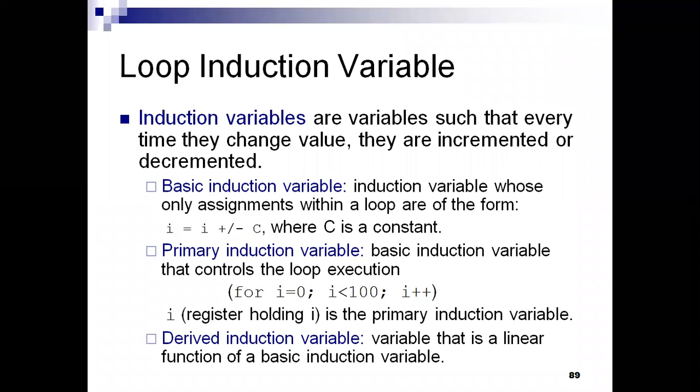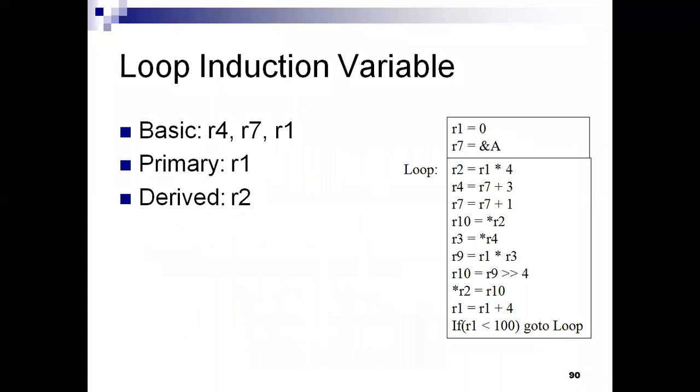After knowing what the induction variables are, we need to know the types of induction variables. Here we have an example. This is basic block 1 and basic block 2, where basic block 1 is R1 is equal to 0, R7 is equal to ampersand A, and block 2 consists of the 3 address codes.